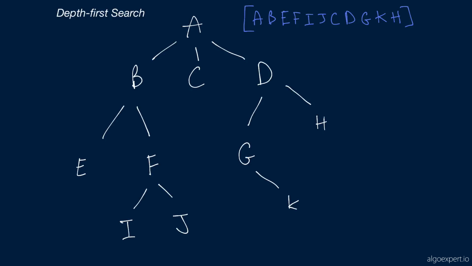And that next branch, we're going to explore it all the way down, as deep as we can before exploring the next branch. This is opposed to breadth-first search, where we explore level by level. So here we're going to go in this leftmost branch first. Then we're going to go in this inner leftmost branch, then this inner rightmost branch, and so on and so forth.